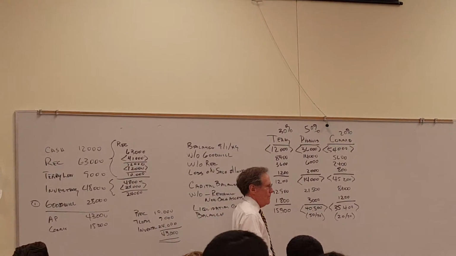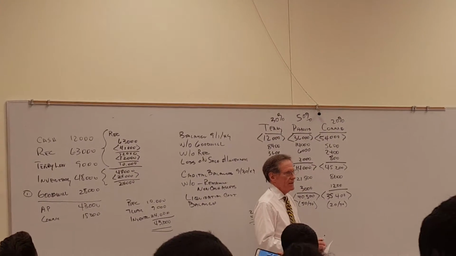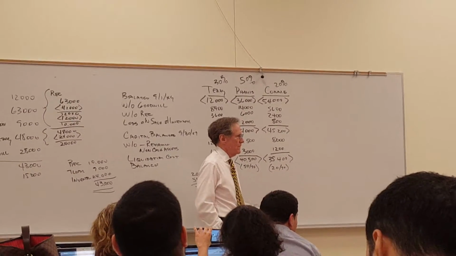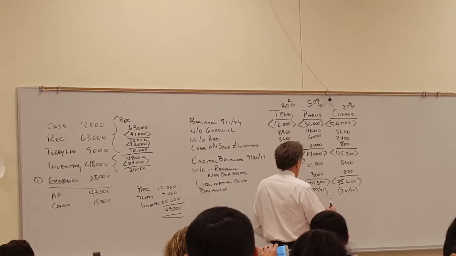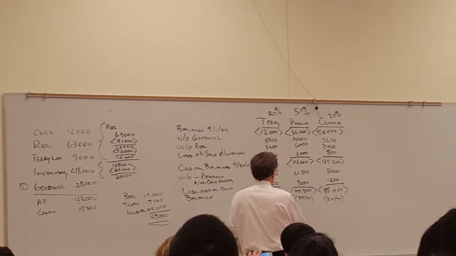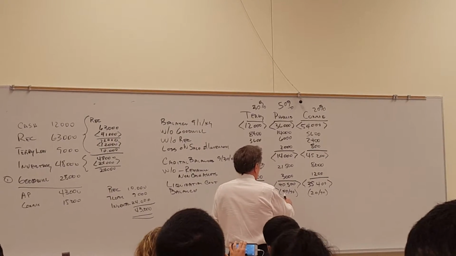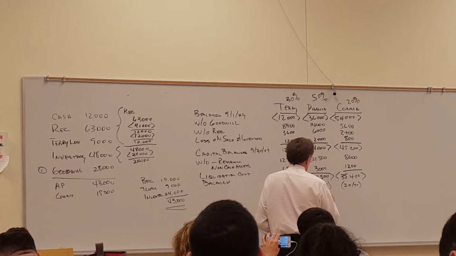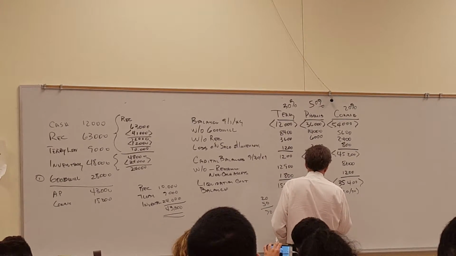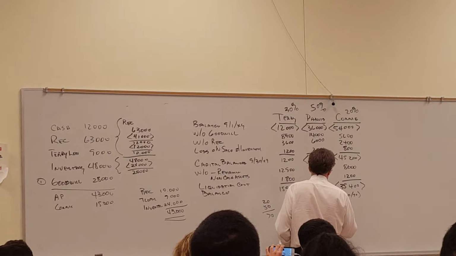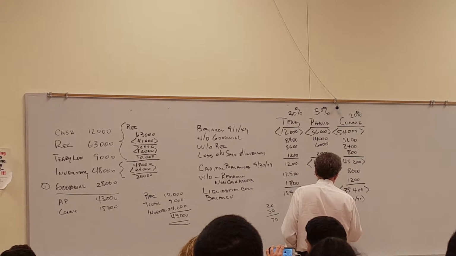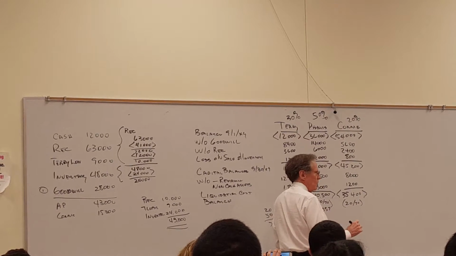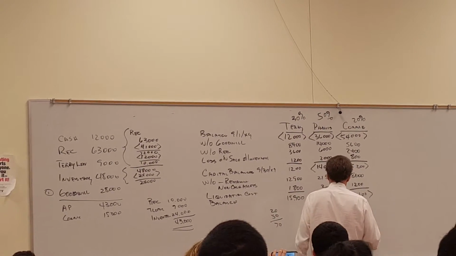Who's got a calculator? What is the 15,900 times 50 divided by 70? $11,357.14. $11,300. $357.14. We'll just take the pennies out.